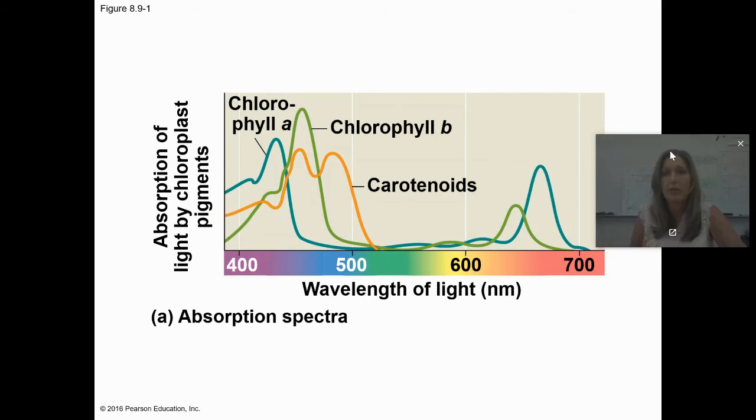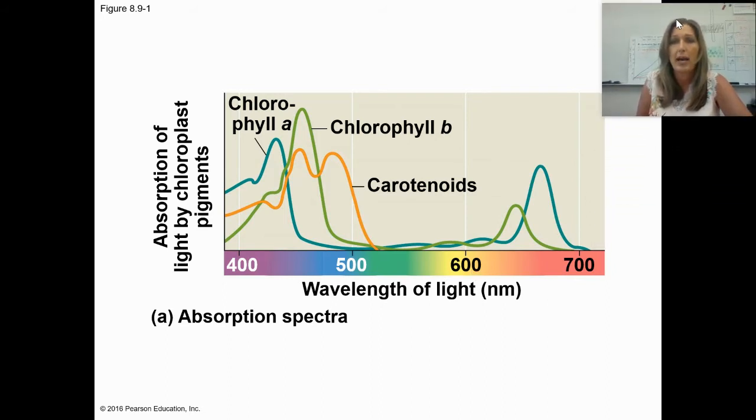Now, this is a skill that you will have to make sure that you know how to do for your test. You are going to have to be able to read an absorption spectra graph that is produced from a spectrophotometer. Here on my x-axis, I have my different wavelengths of light.